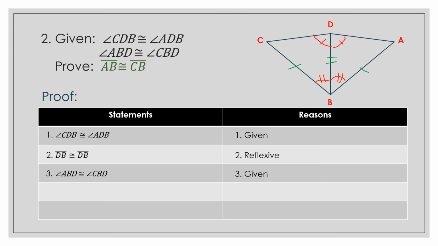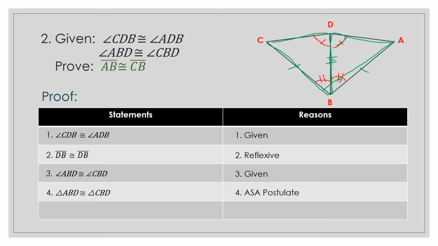Okay, let us look at this. We can say also that triangle ABD is congruent to triangle CBD. And what is our reason for that? Let's look at the illustration. That's right. We have angle, side, angle postulate.